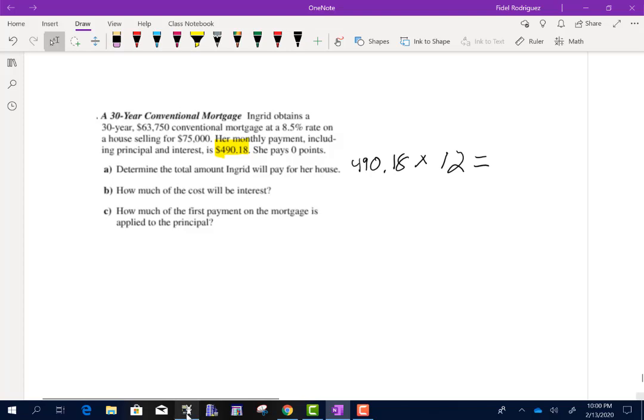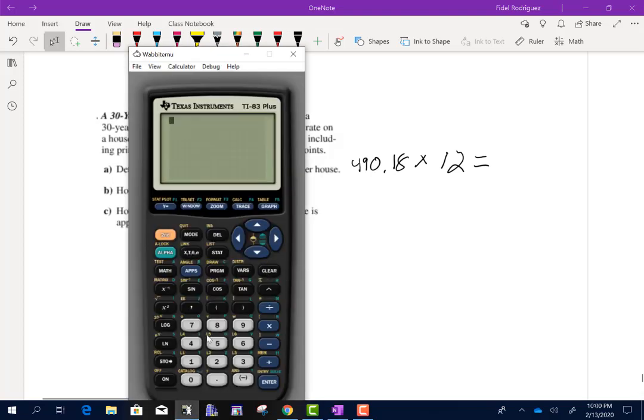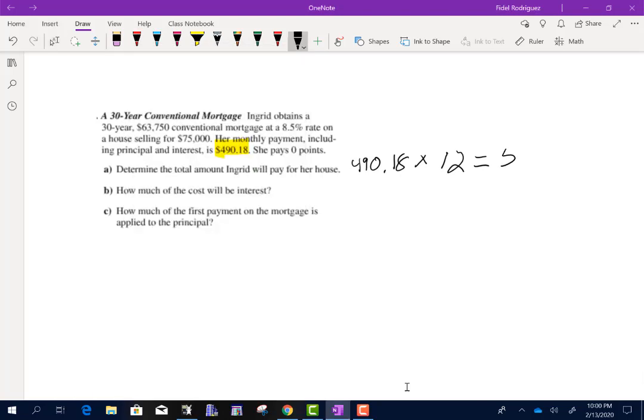So if I take my calculator right here, clear that out, 490.18 times 12, that would give me $5,882.16. Okay, that's how much she would pay in 1 year. But she's doing this over a period of 30 years.